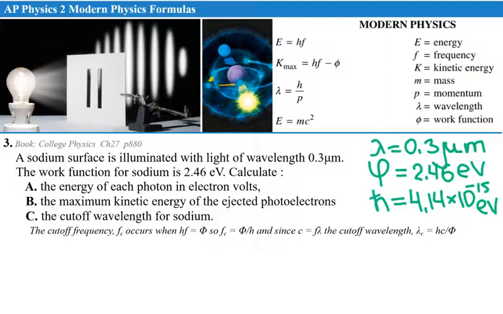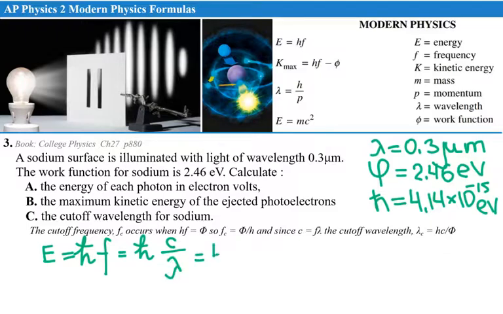And so if I want to find the energy of each photon, I have the energy of the photon, which is Planck's constant times the frequency. They don't give you the frequency, but they give you the wavelength. So it's Planck's constant, and instead of the frequency, I have the speed of light over the wavelength.